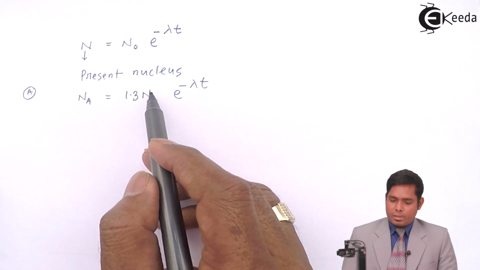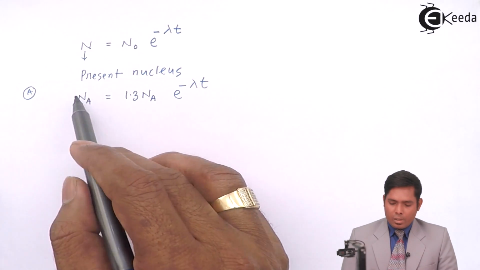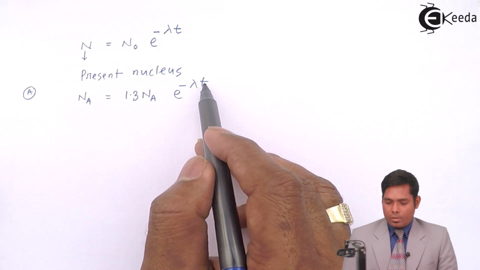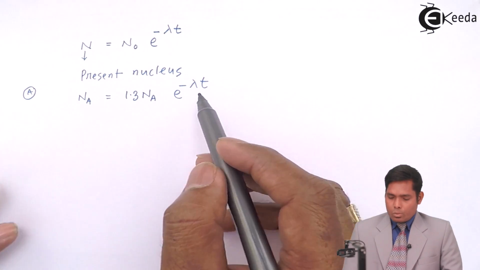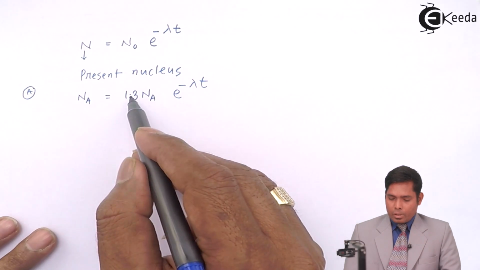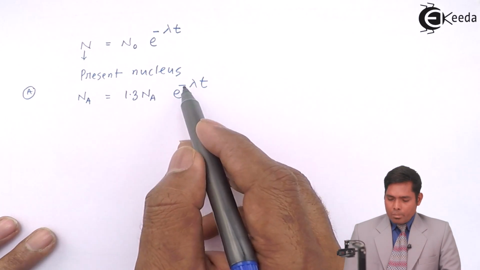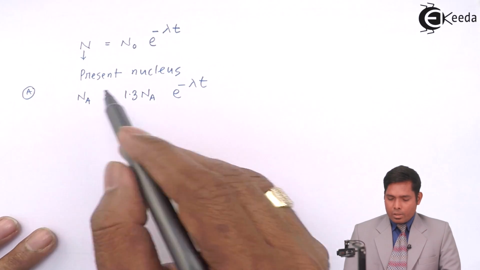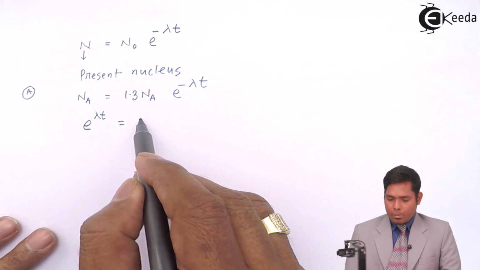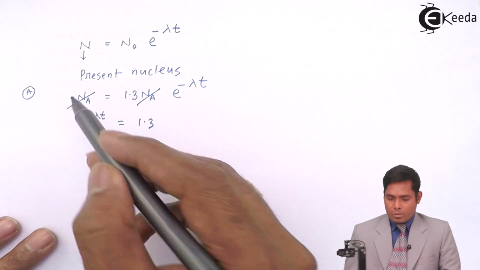Originally it was this, now it is this, after time t, which is the time asked in the question. I cancel Na, bring 1.3 to the other side, and e minus lambda t to the other side. So e raised to lambda t equals 1.3, because Na cancels out.